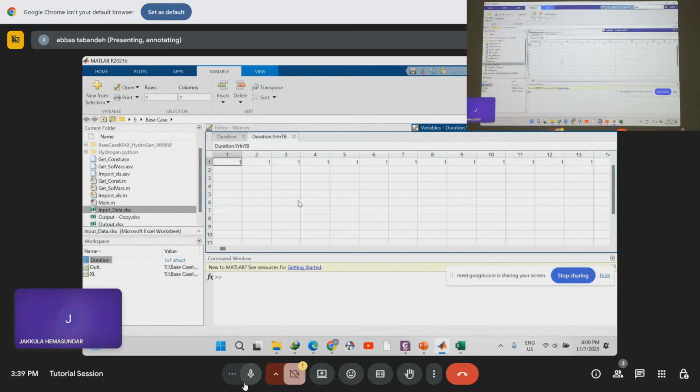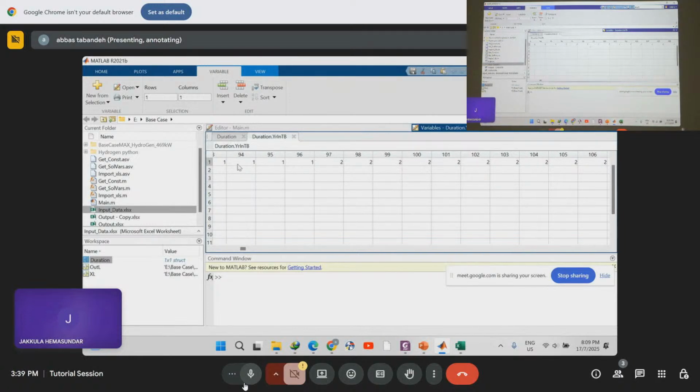Because we have defined 4 seasons and 24 hours, multiplying 24 by 4 gives 96 columns.